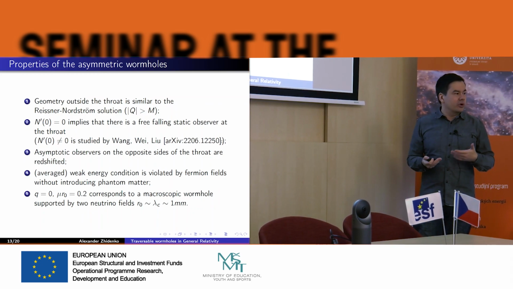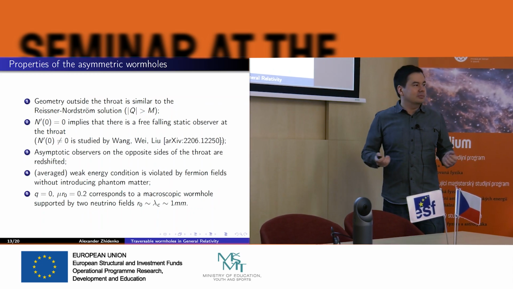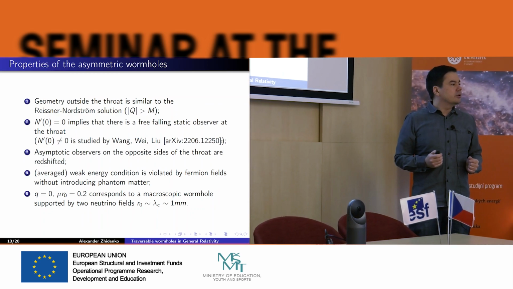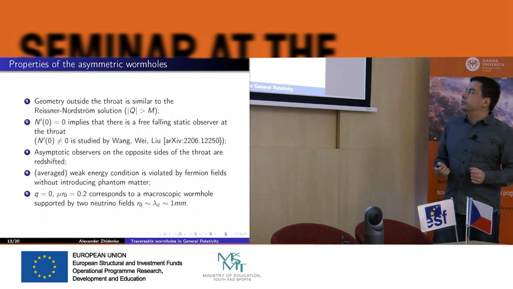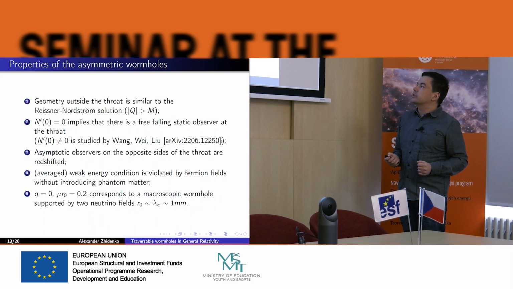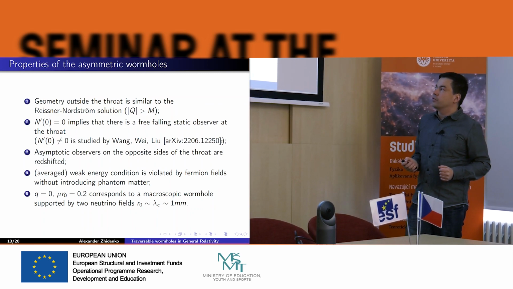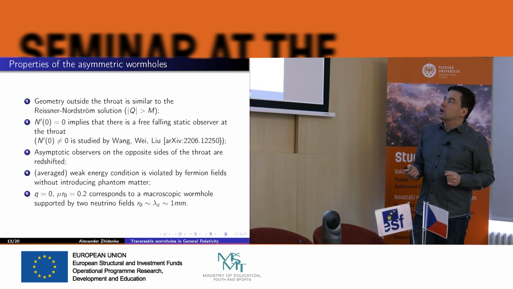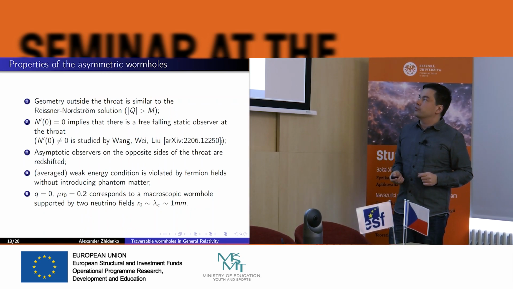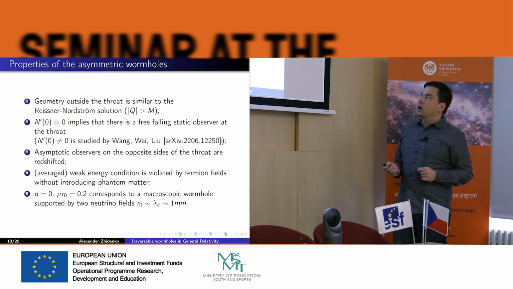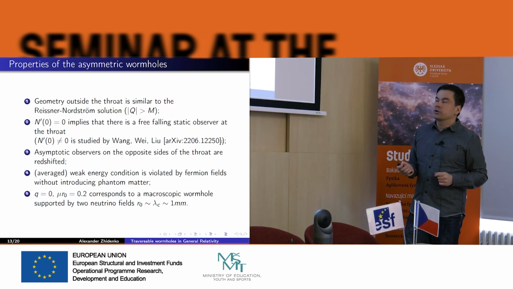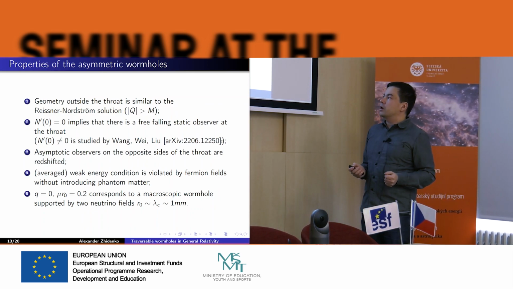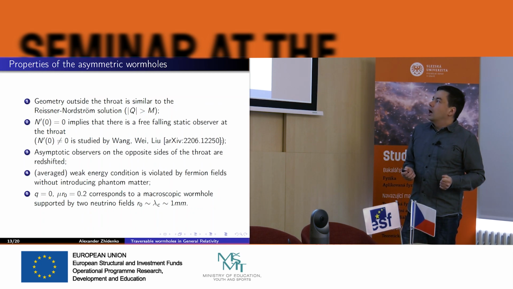How this kind of configuration can appear is also interesting. And as I already said, if you consider two asymptotic observers on two sides of the wormhole, they are usually redshifted. This redshift is not very large, but still exists.